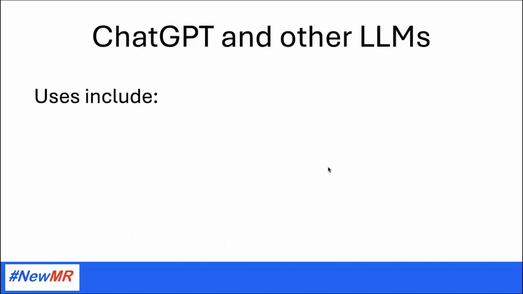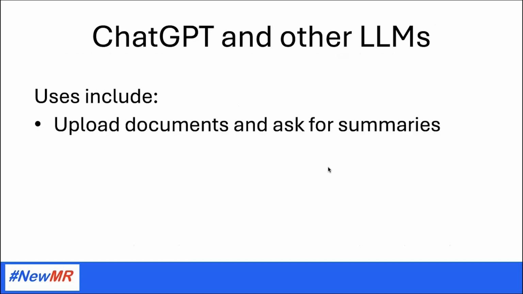So just a couple of thoughts about the things that people are using all the LLMs for, and in particular ChatGPT. They're using it to upload a document and ask for a summary. This is an everyday task, whether it's a research-related task, a piece of legislation, or a new handbook from our employer. Getting a summary of it is a great use.